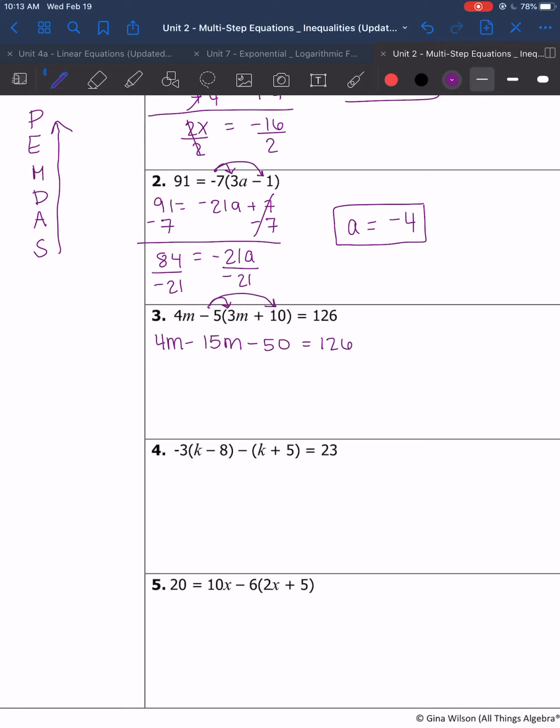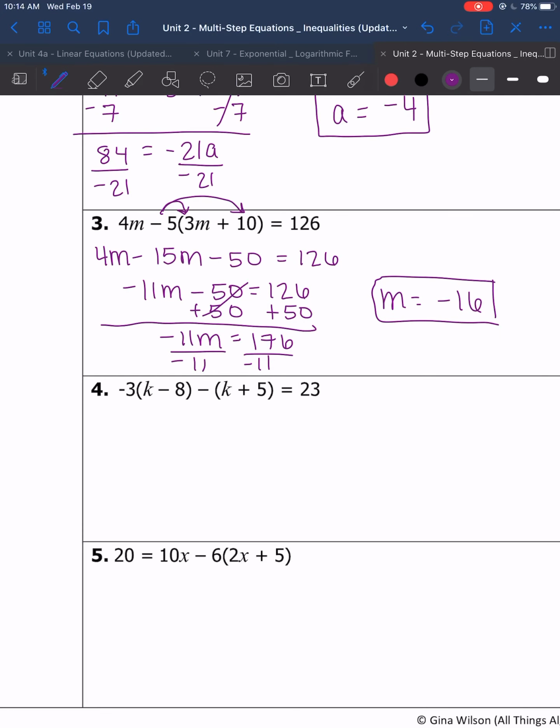So 4m minus 15m is negative 11m minus 50 equals 126. So I'm going to add 50 to both sides. So I have negative 11m equals 126 plus 50 is 176. Then I'm going to divide by negative 11. So m equals negative 16.